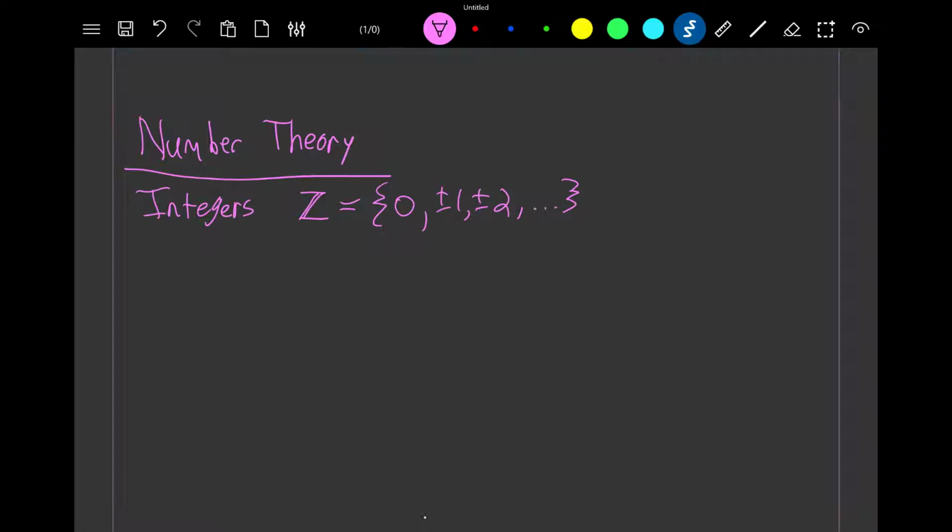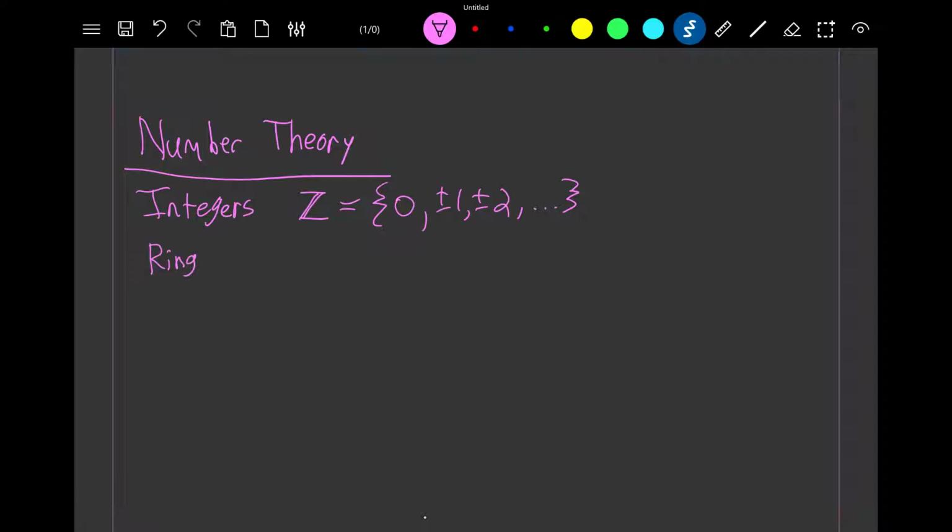But this is just a set, and really what the integers are, we have what the elements are, but it's not just what the elements are, it's how they're related to one another. And so the integers form what are known as a ring.